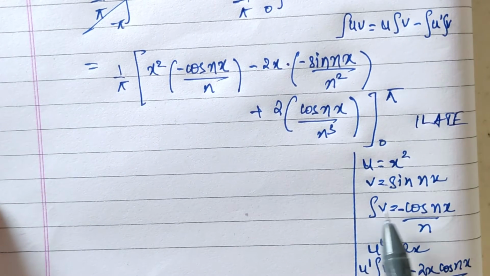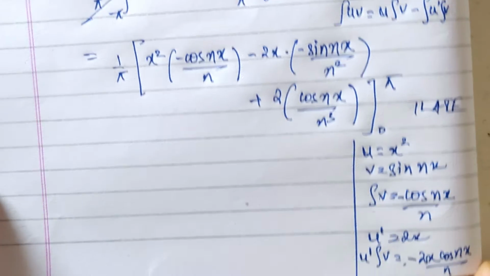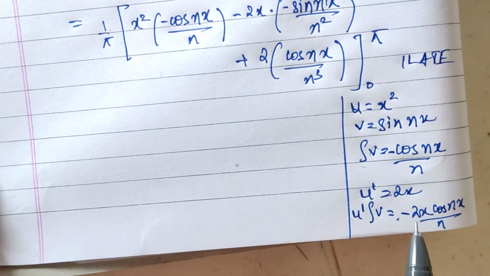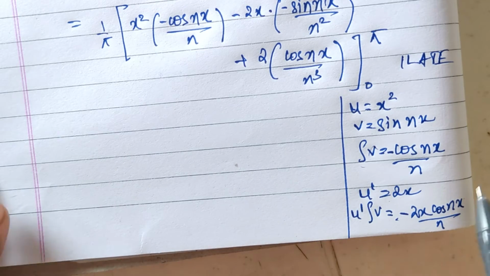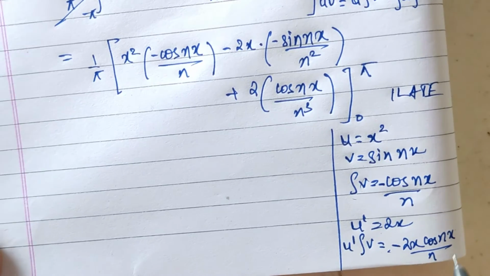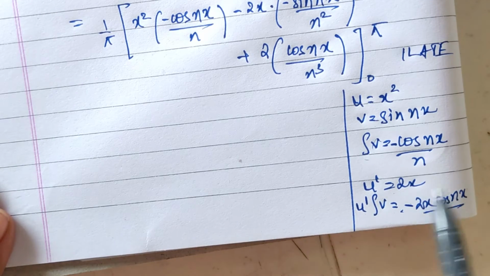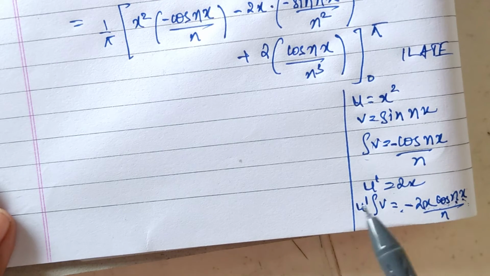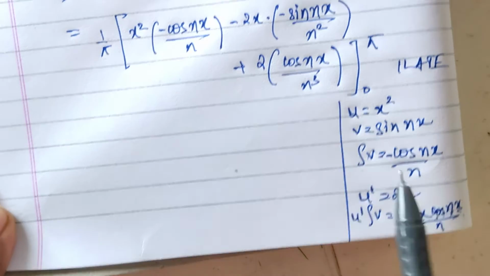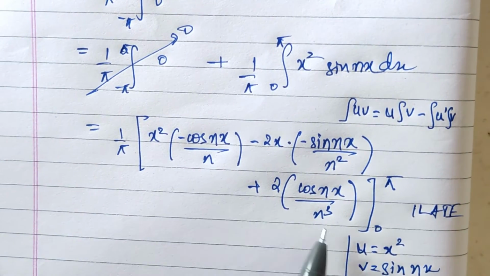Following which you will be doing the integral of v and differentiation of u, and on further substituting, you will be getting minus 2x cos nx by n, and on further integrating it you'll again be getting the integral of x cos nx. You'll be applying Euler rule again, followed by which you will be getting this. Okay?